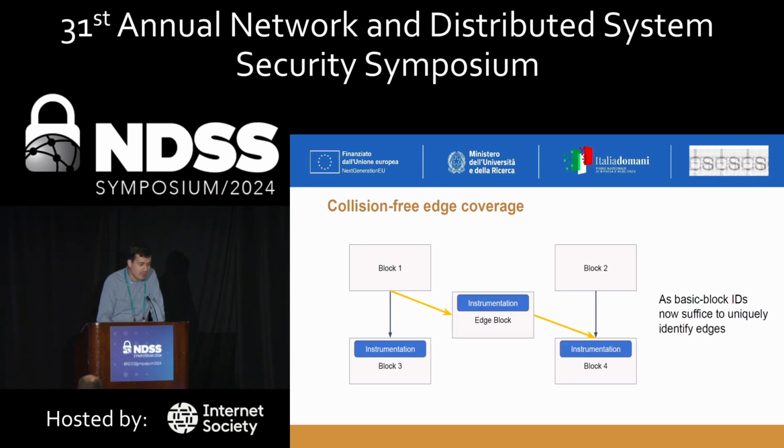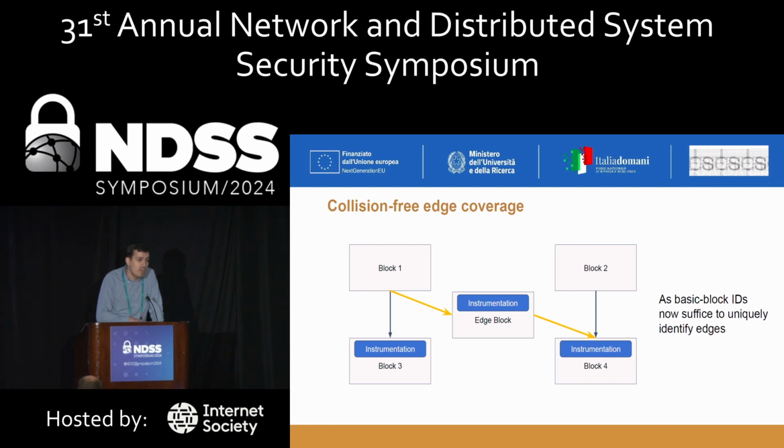But if you split these edges, you introduce some blocks, then you can infer which edges you traversed just from the basic block where you're at now. So if you instrument basic blocks and add identifiers for basic blocks, then you have an accurate edge encoding without collisions. And this is what they do now. They call it PC guard in AFL++, and this gives you very good performance for edge coverage.